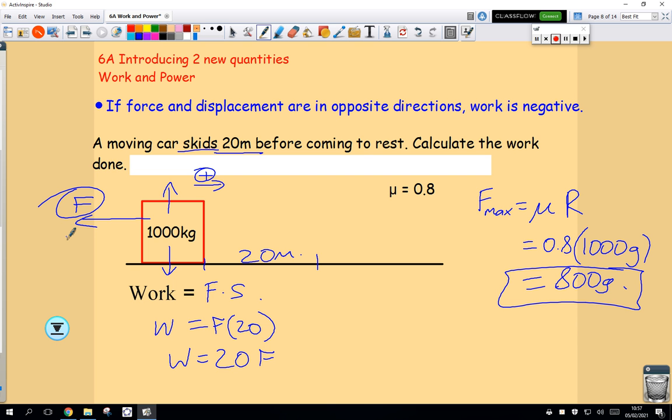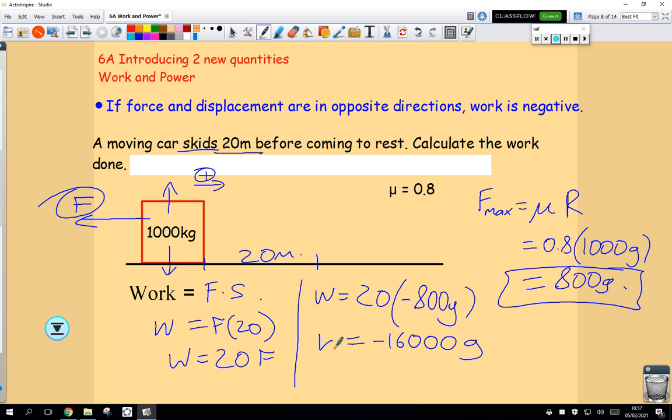Notice that's acting in the negative direction, so my work is going to be equal to the positive 20 displacement multiplied by negative 800 g, because it's a negative force. So the work here is negative 16,000 g joules. It's force and displacement in opposite directions, so the work is negative in this case.